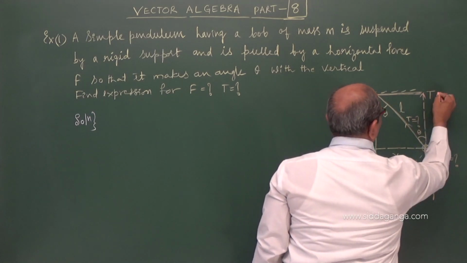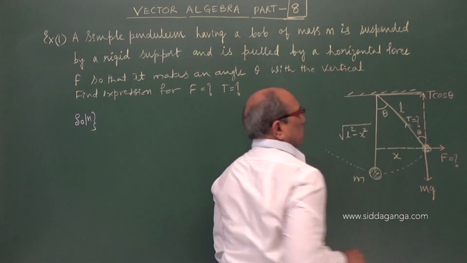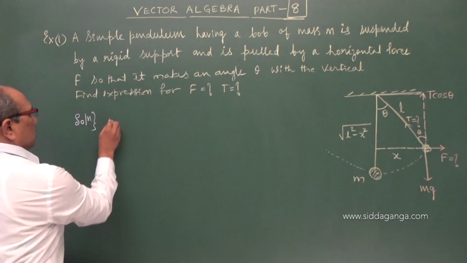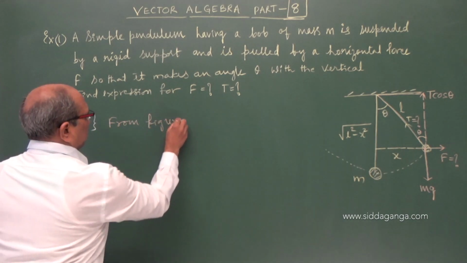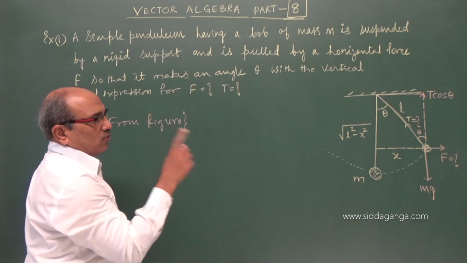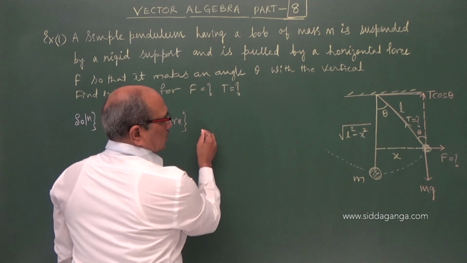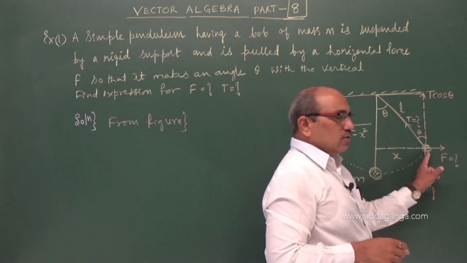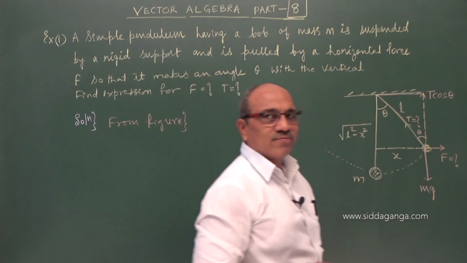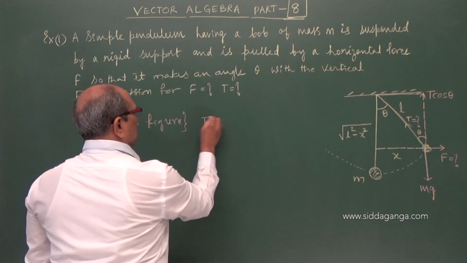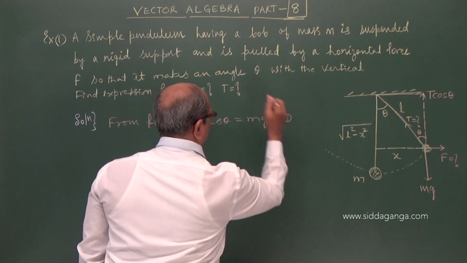From the figure, it is T cos theta, because it is adjacent side by hypotenuse. Therefore, if it is in equilibrium, T cos theta must balance mg. T cos theta must balance mg. One answer we have for that.